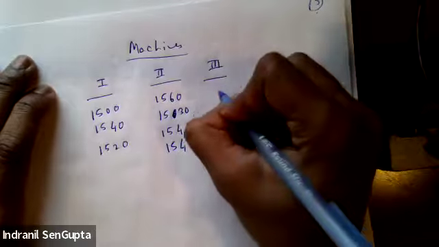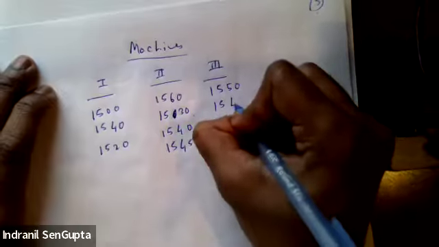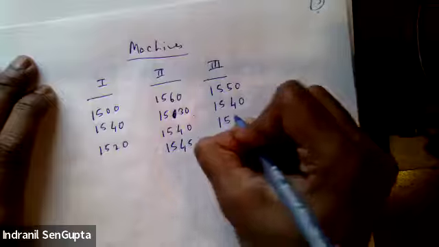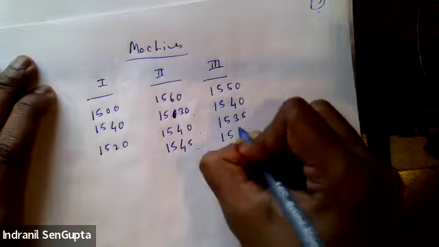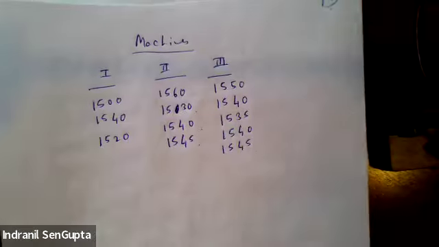For the third machine, we have 1550, 1540, 1535, 1540, 1545. That's it.